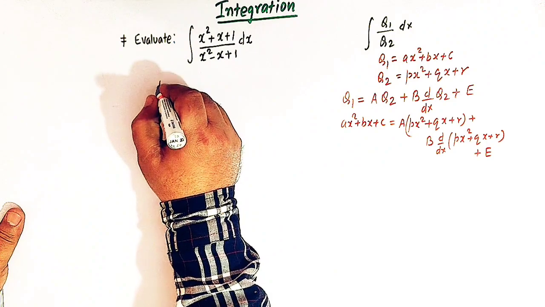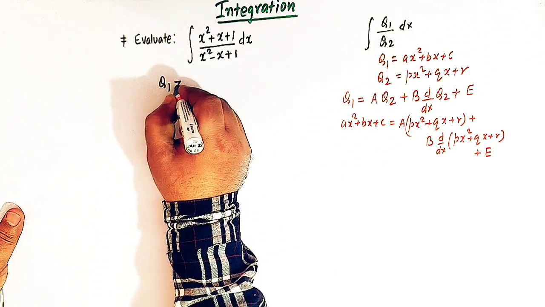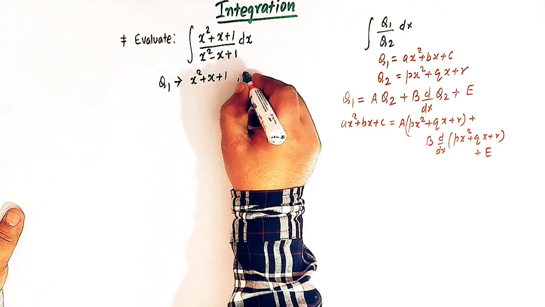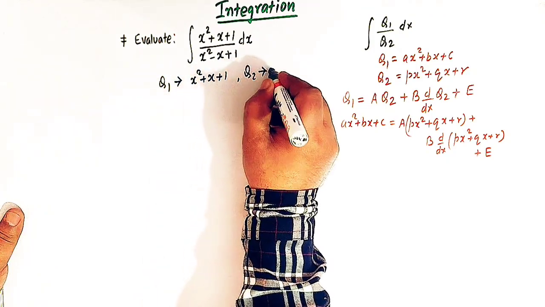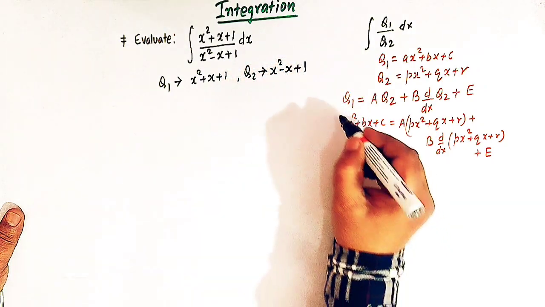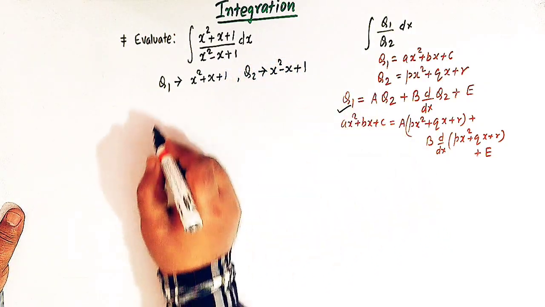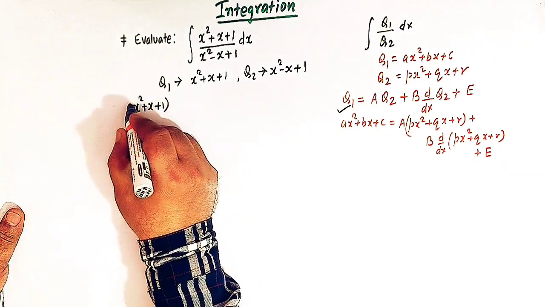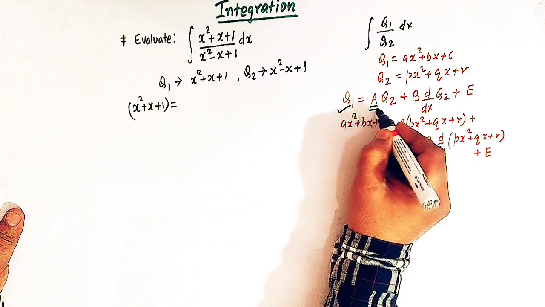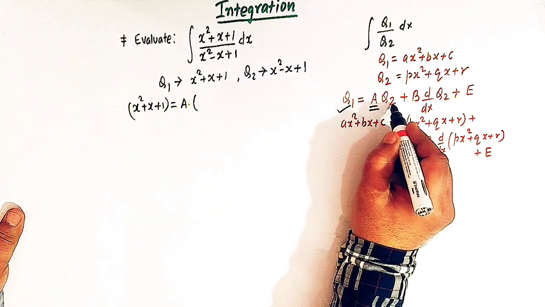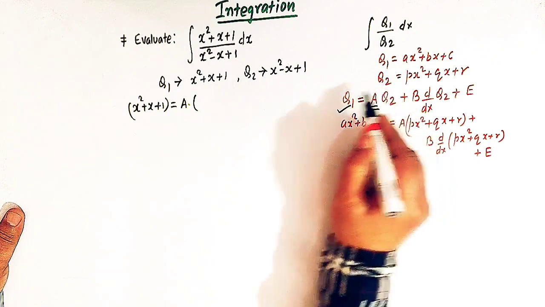Okay, so here our q1 is x square plus x plus 1 and q2 is x square minus x plus 1, right? So let us use this expression. So q1 is x square plus x plus 1, and then we have the constant a times the quadratic polynomial q2.